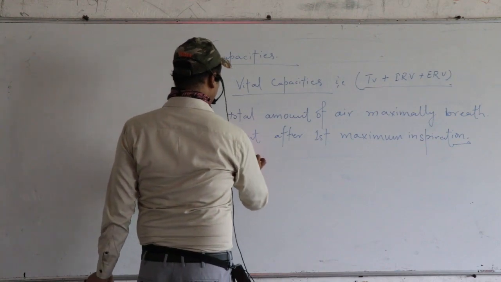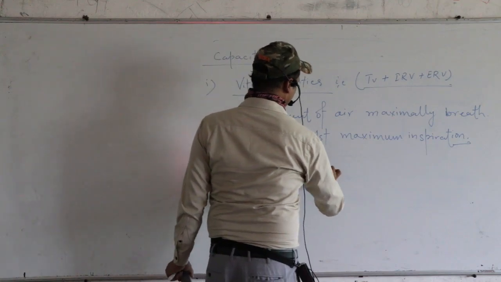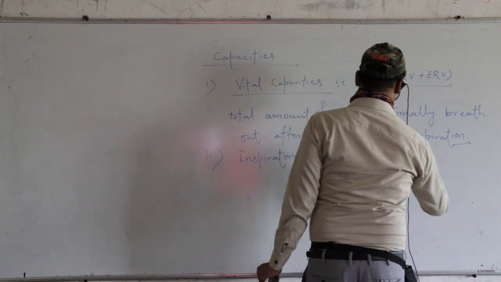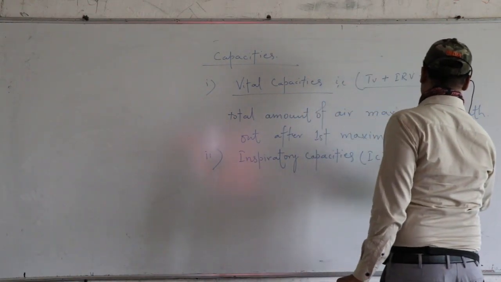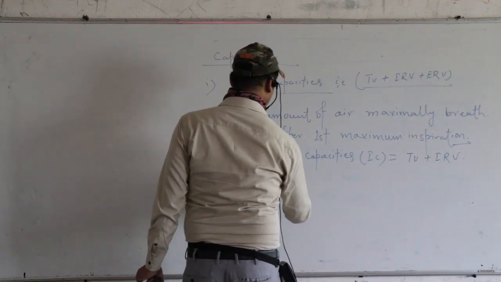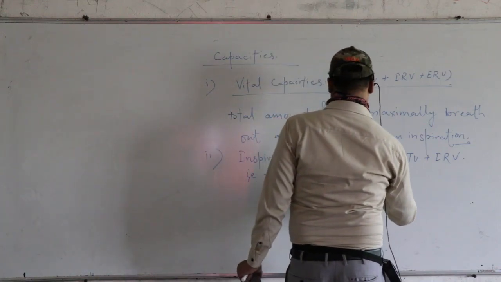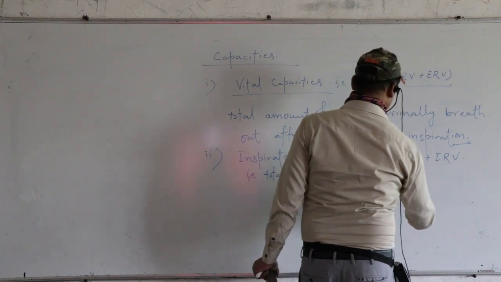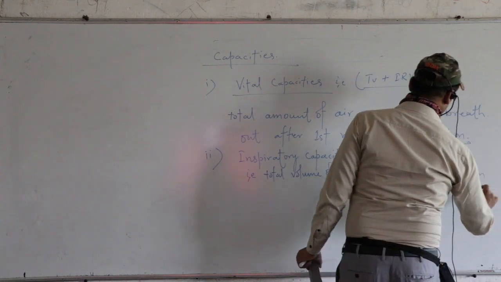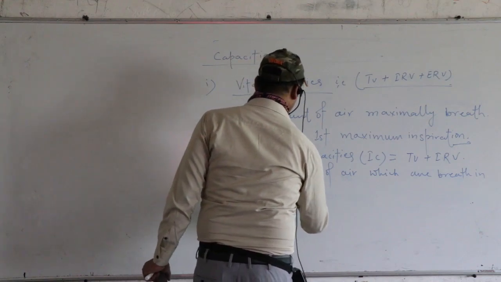Second is the inspiratory capacity, IC, equal to TV plus IRV, the total volume of air breathed in during inspiration.